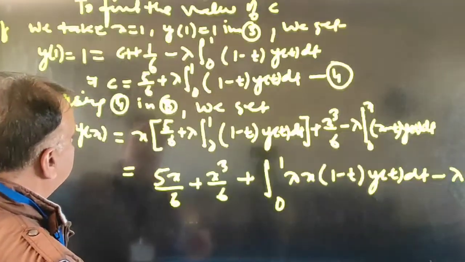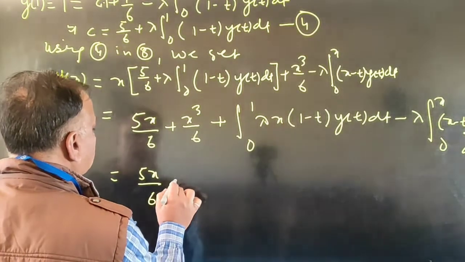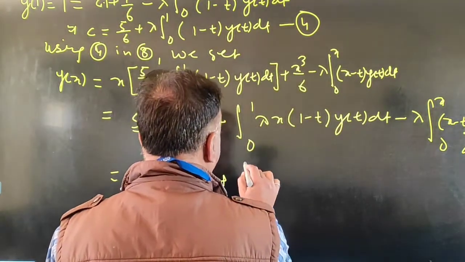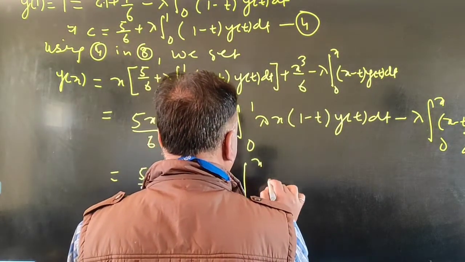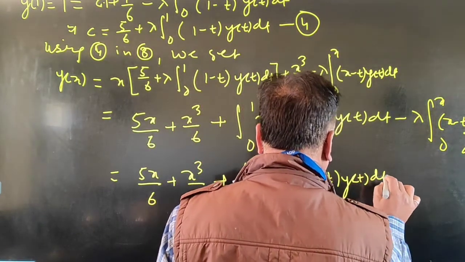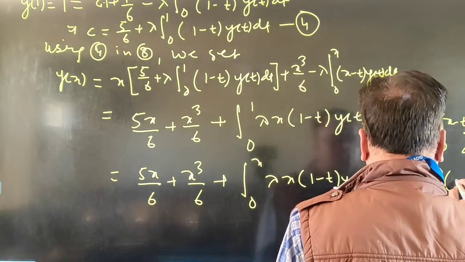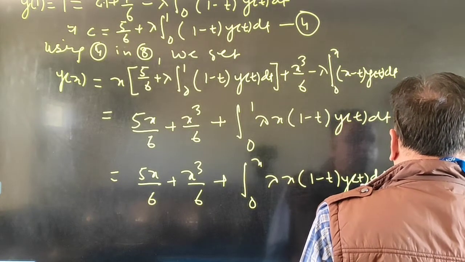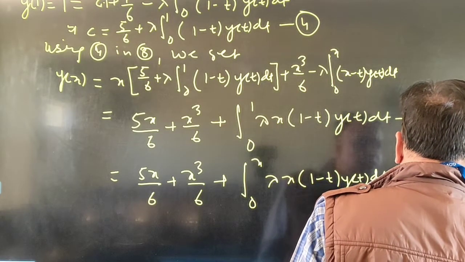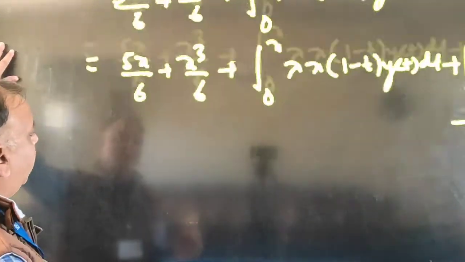Or this can be written as 5x by 6 plus x cube by 6 plus, broken into parts, integral 0 to x lambda into x 1 minus t yt dt plus integral x to 1 lambda into x 1 minus t yt dt minus lambda integral 0 to x minus t yt dt.